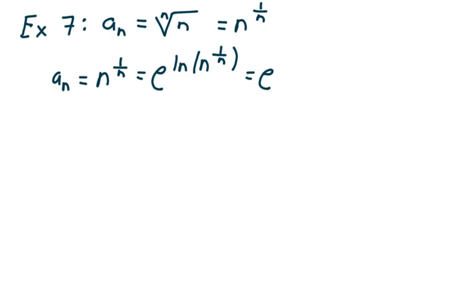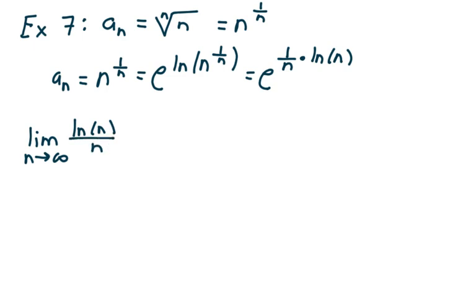But this is e to the 1 over n times the natural log of n. Okay, so I'm going to take the limit as n goes to infinity of natural log of n divided by n. Now, this is equal to 0, right?